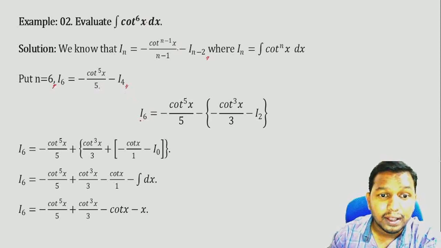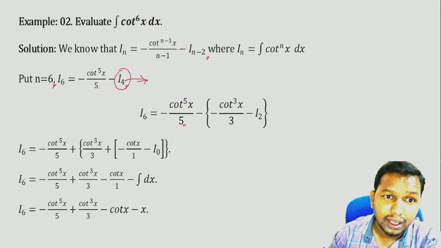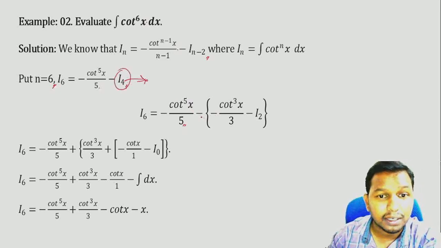So therefore I6 is equal to minus cot to the power 5x divided by 5. Replace or apply reduction formula for I4. So we get minus of minus cot cube x divided by 3 minus I2.